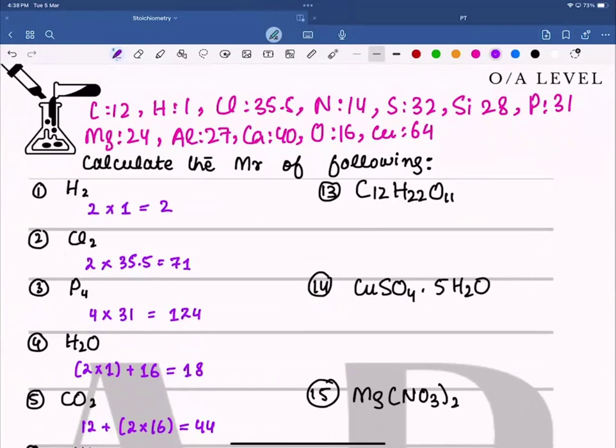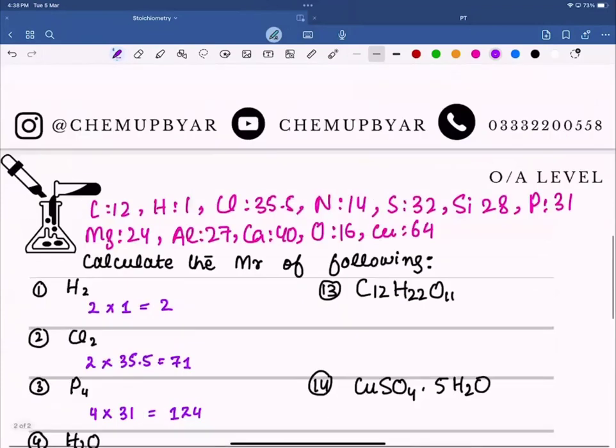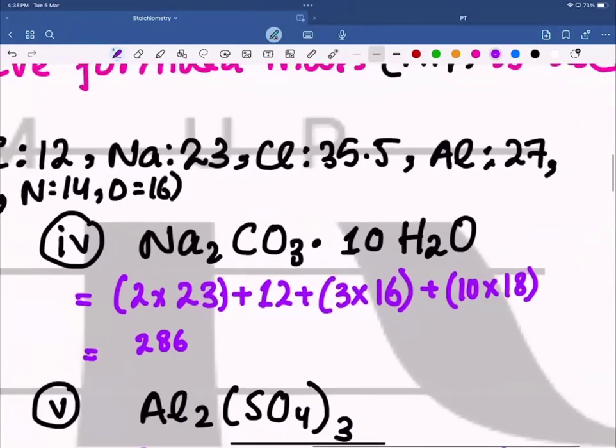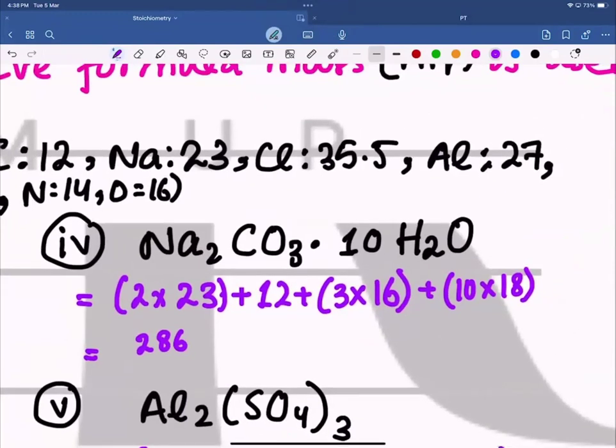Sir, we won't multiply in the number 14 one, right? Yes, we multiply 5 with the MR of water. That's what we did over here. See this example. We calculated the MR of water over here, which is 18, and there are 10 waters. So we multiply this by the MR of water and then add with all.